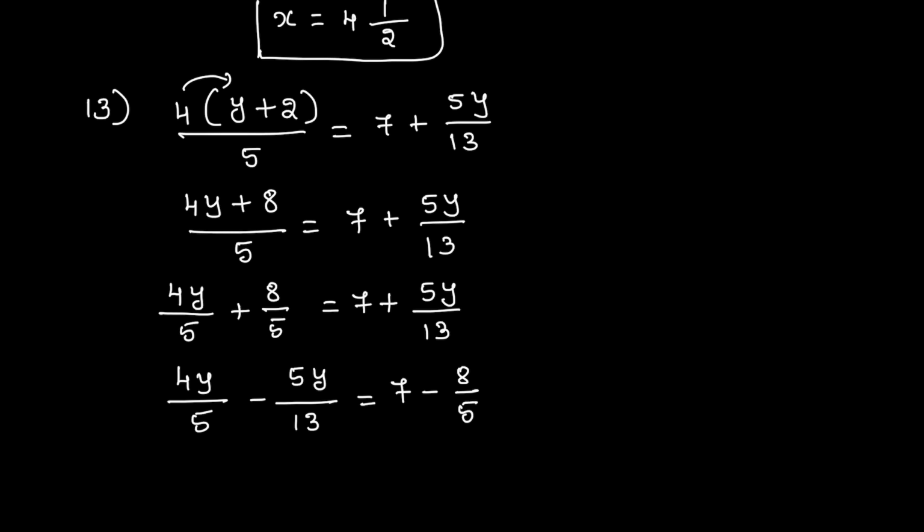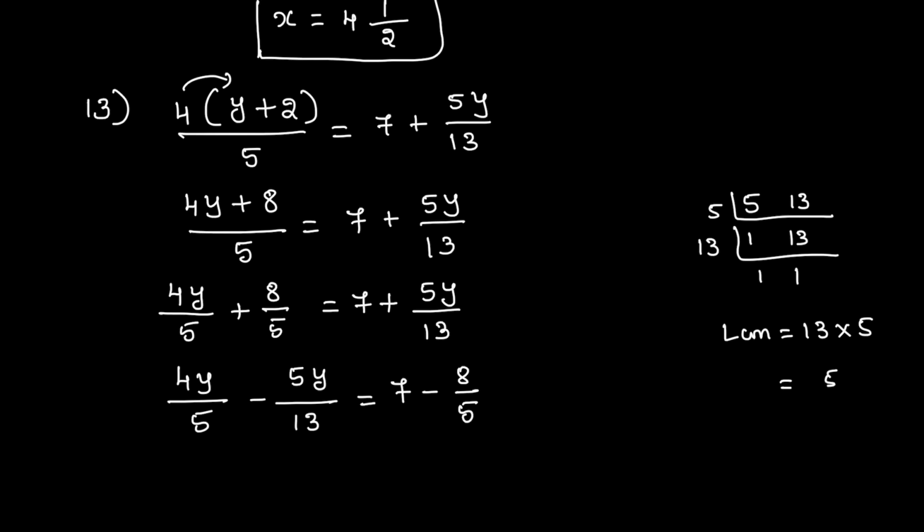So we need to take the LCM for 5 and 13. 5 ones are 5, 13 as it is; 13 ones are 13. So the LCM is equal to 13 into 5. 5 threes are 15, 1 carry, 5 ones are 5, 6. So we are getting 65.